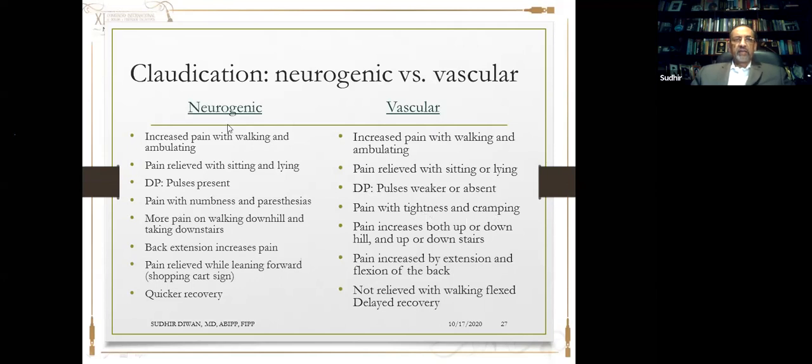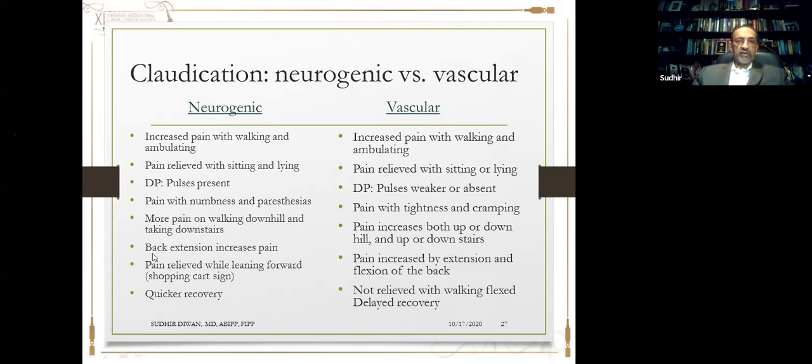A very typical presentation of neurogenic claudication is when you walk downhill, where you tend to keep the balance, you tend to lean backward, which is bad for spinal stenosis. So when you walk downhill, the symptoms increase. Here in vascular, it doesn't matter whether downhill or uphill, symptoms are the same.